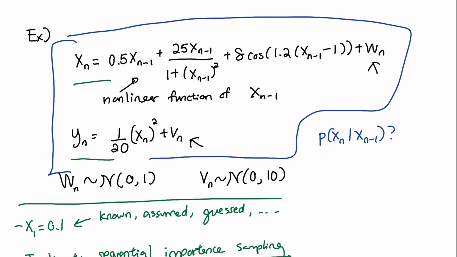How would I begin to find this probability distribution? If this is the state space model, and I didn't make any assumption about what this is, how do I look at this and come up with it?